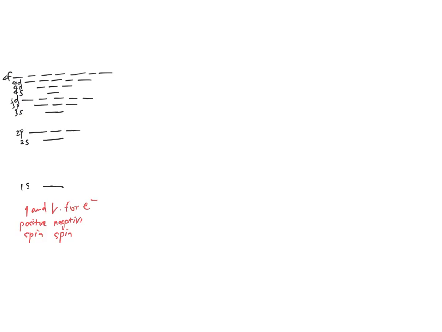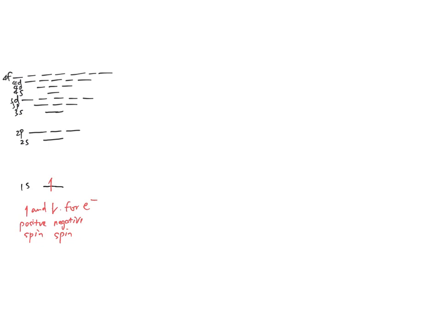Okay, so the order that we put in the electrons is going to be like this. I'm going to put the first electron in, and it has to go on 1s because that's your lowest energy. Which one do you put, positive spin or negative spin? Doesn't matter. Let's say I put in positive spin.